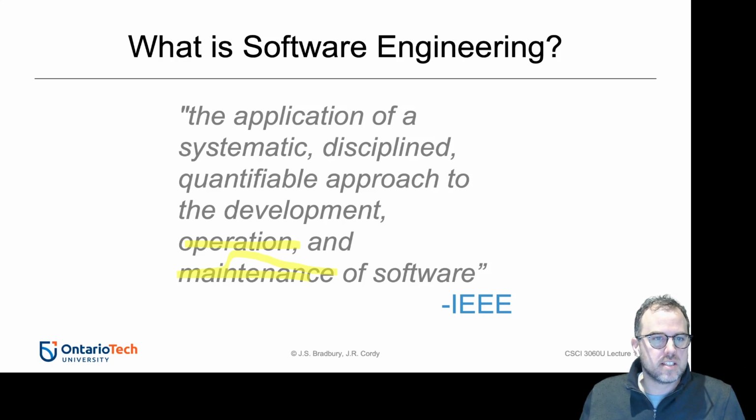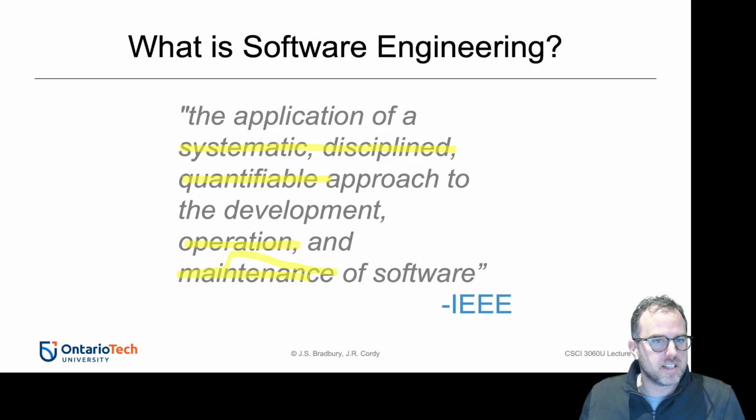The other thing is these words here: systematic, disciplined, quantifiable. So systematic means here it's not ad hoc, it's not something that you're just making up as you go. And discipline has the same sense. I actually think discipline, out of the three words, is the least important personally. But quantifiable is important too, and this goes back to that idea of metrics.